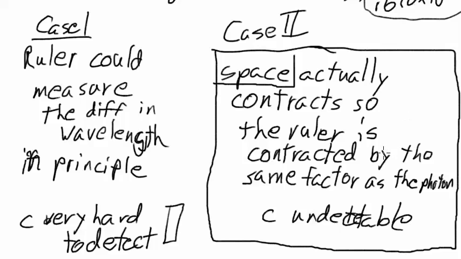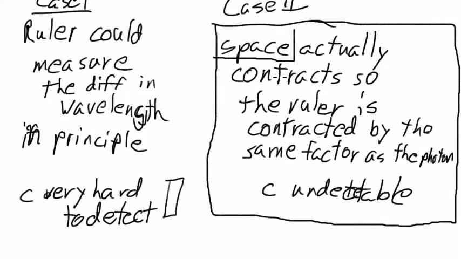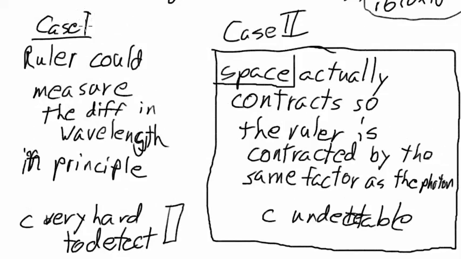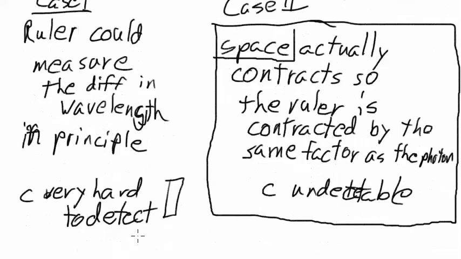We don't actually have a variable representing this space where the contraction of the ruler is undetectable. We do have all of the variables for case 1. For case 1, all of the variables are already here.